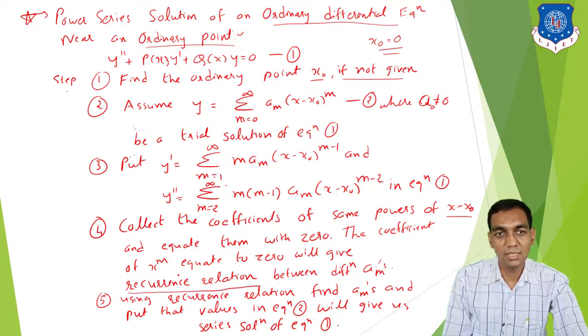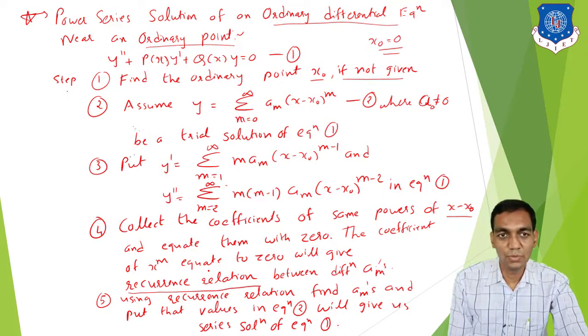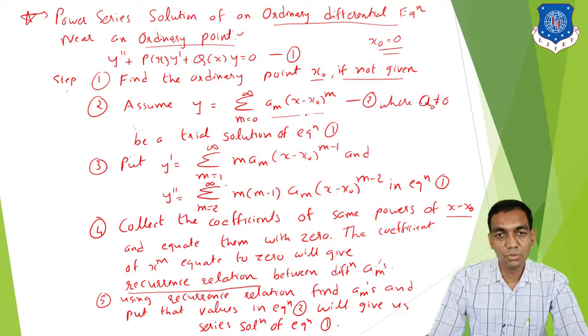Using this recurrence relation, we are going to find the values of a0, a1, a2, a3 and so on in the form of a0 and a1, or only in the form of a0. Whatever values you get, you have to substitute them in your trial solution, that means in equation number 2.